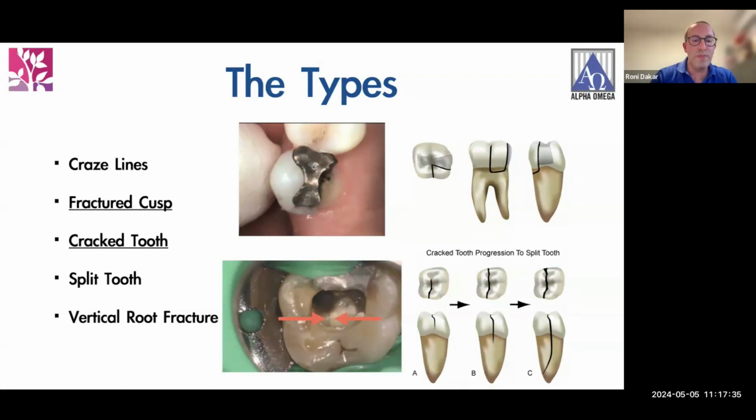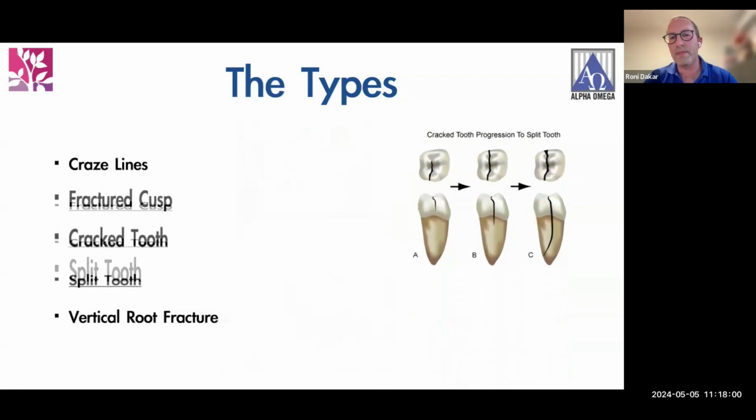We will distinguish between a crack and a cusp fracture or split tooth by the fact that between the parts of the crack, there is no mobility, as opposed to the existence of mobility when it comes to a cusp fracture or a split tooth. And as I said, I will elaborate later on the diagnosis of a cracked tooth and treatment approach.